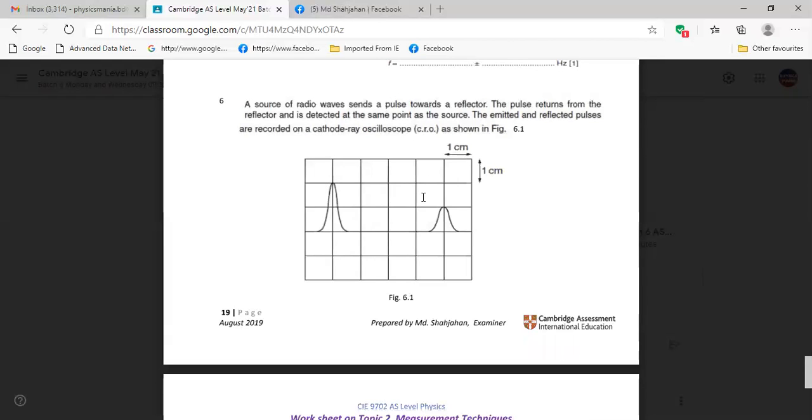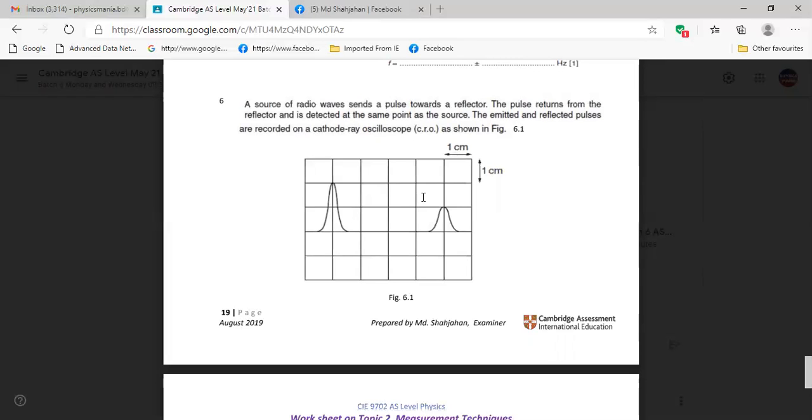that is 1, 2, 3, 4 centimeter, right? So 1 centimeter is given as 0.2 microsecond, right? Then 4 centimeter will be how much? It would be 0.8 microseconds.